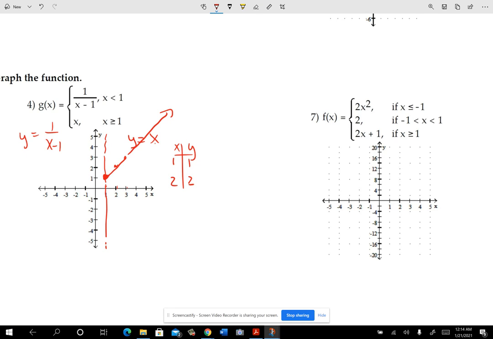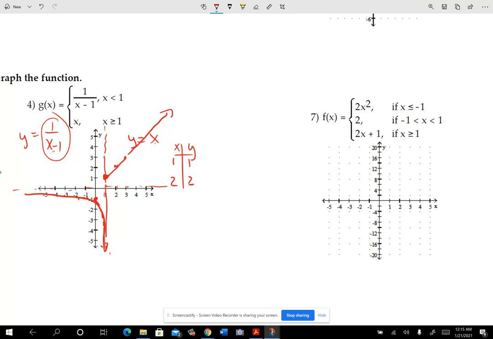Okay, now this is a rational function. So if you didn't know much about that, it could be tricky. If I were graphing just that, there would be an asymptote at 1. And then it would have a horizontal asymptote at the x-axis. If I put in a 0 for x, it would cross right here. So this is going to do something like that.